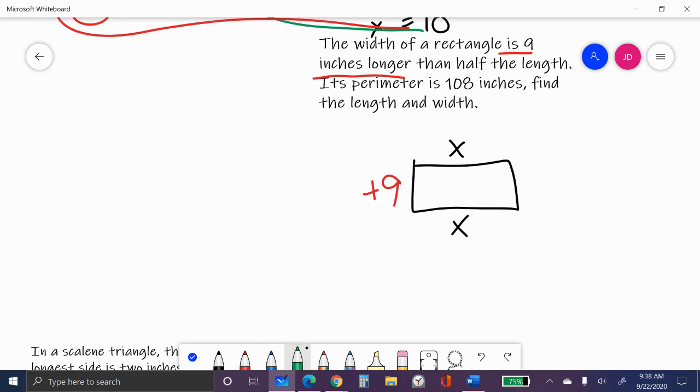Half the length you could write as 1/2 x, or 0.5x. It doesn't matter. So the width is going to be 1/2 x plus 9 as well, right?